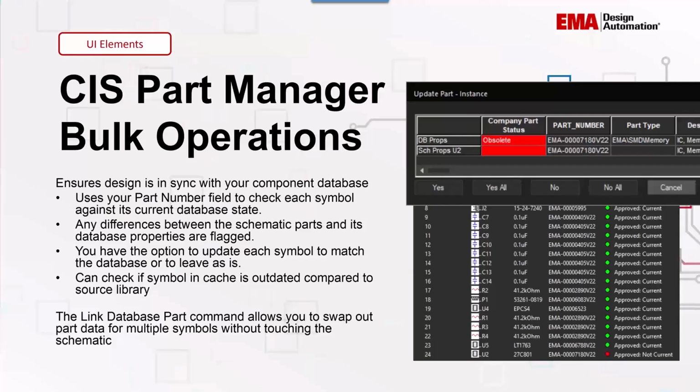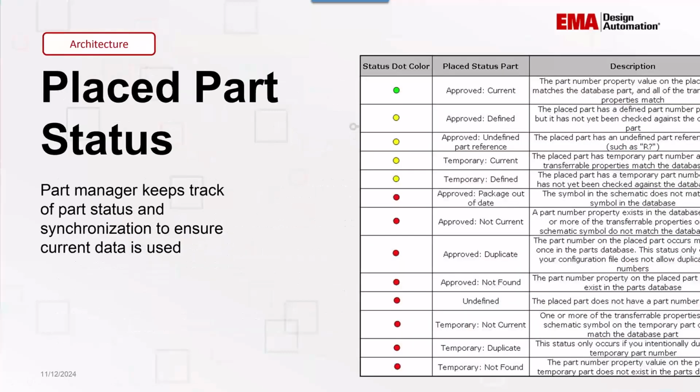It can even do some design cache checking and tell you, hey, this part, all the properties match, but your librarian or your team has updated your schematic symbol, so your local cache is now out of date with the source package. Our ideal outcome in this part manager is to have everything in green, right? You want a part that's not only approved, but current.